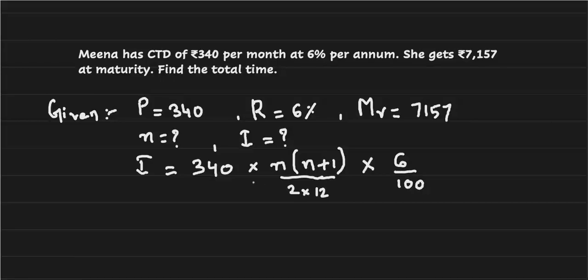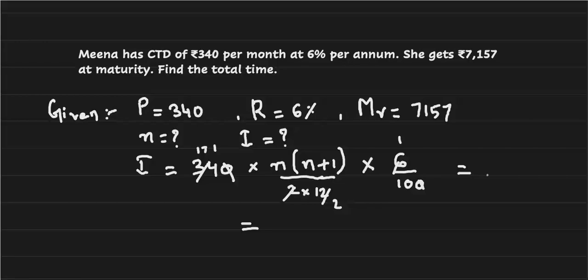If you solve everything, you have to cancel this, right? 2 into 2, 4, this 0 gets cancelled, this 0 gets cancelled, this 17 times, right? 17 by 20.